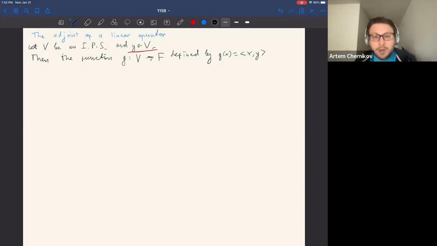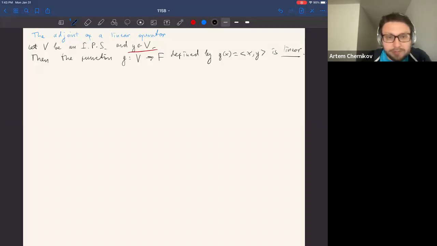First of all, this function is linear. Why? By the properties of the inner product. Remember, the inner product is linear in each coordinate. Well, in the coordinate on the right, it's linear up to taking the complex conjugate in general. Anyway, here we are multiplying on the left, so this is a linear function.